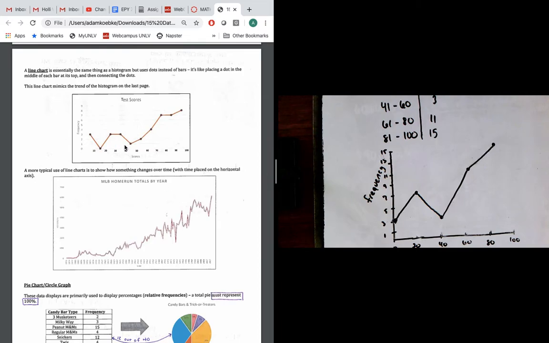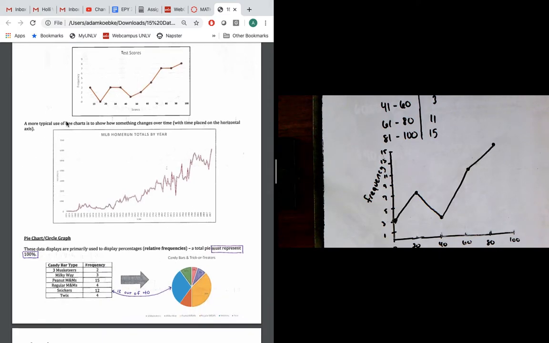Line charts are really good when we have lots of data points, particularly when you want to do it over time. So this is a really cool example here that has been attached for this line chart. What this shows is the total number of home runs in Major League Baseball by year. When baseball first started out many, many years ago, there were not very many home runs.